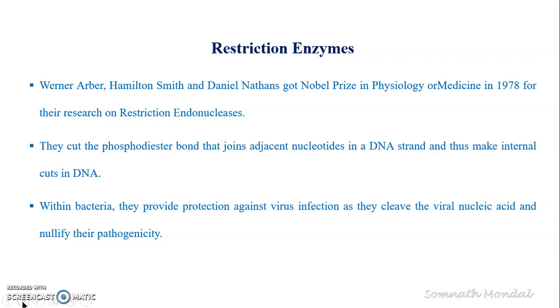Restriction endonucleases cut the phosphodiester bond that joins adjacent nucleotides in a DNA molecule, and thus make internal cuts into a DNA molecule. Within bacteria, they provide protection against viral infections as they cleave viral nucleic acids and nullify their pathogenicity.